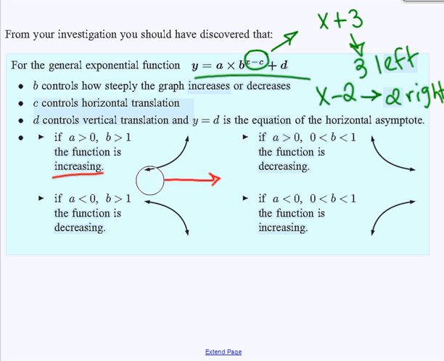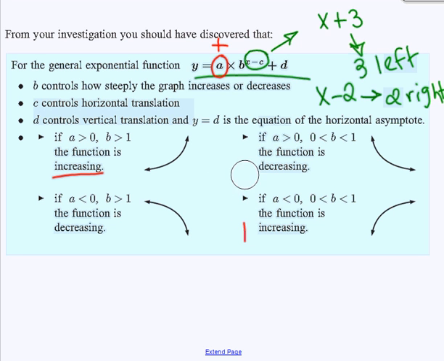So if a is positive, and if b is greater than 1, then we're looking at an exponential function of this form. That's what, for example, y equals 2 to the x looks like, because we have 1 times 2 to the x. 1 is positive and 2 is greater than 1.